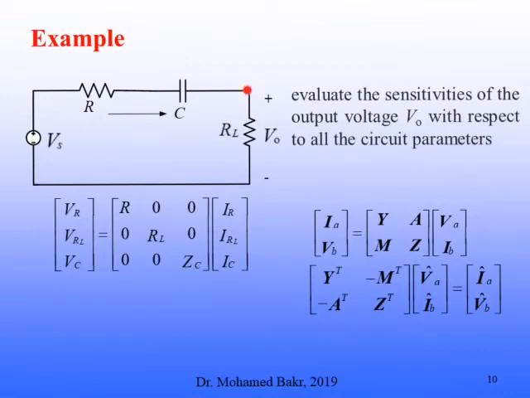I have to create an artificial current source of value 0 ampere. An artificial current source of value 0 ampere doesn't really change anything in the circuit, because it's a source of zero value. But this will allow me to move to the adjoint circuit and put a source of value 1 to be able to calculate the sensitivities. Let's see how this is done in the next slide.